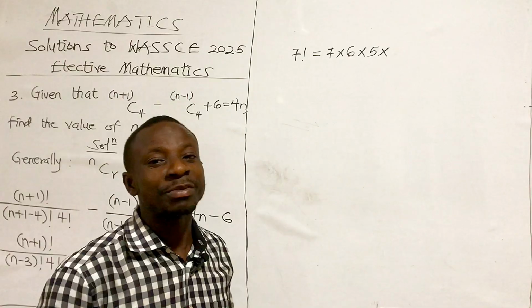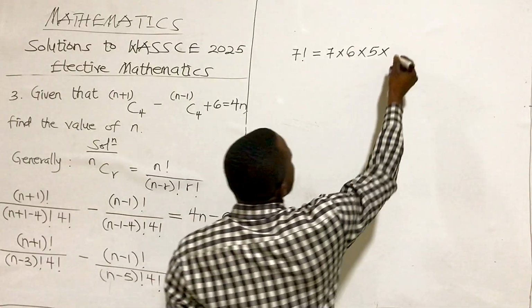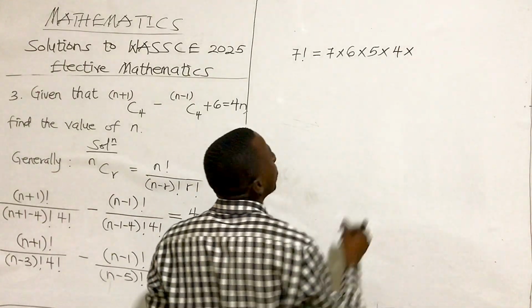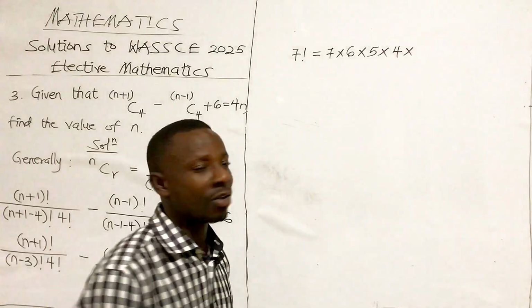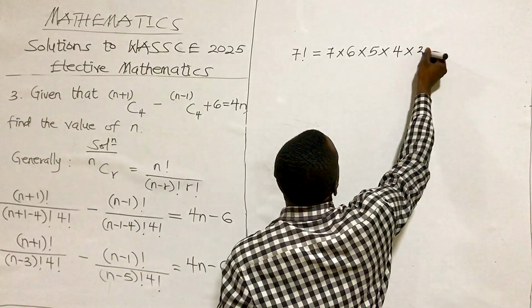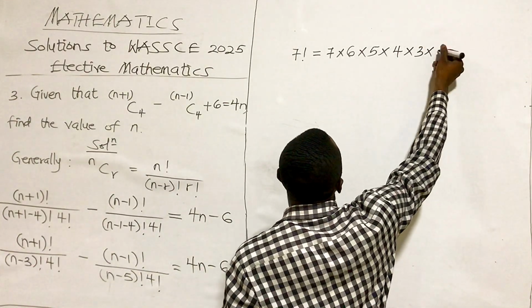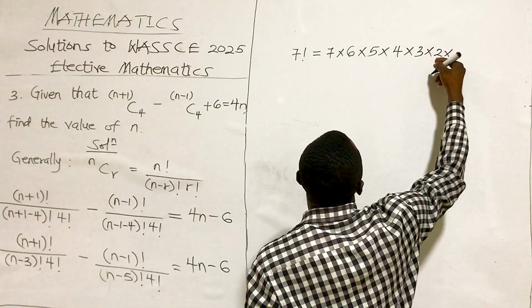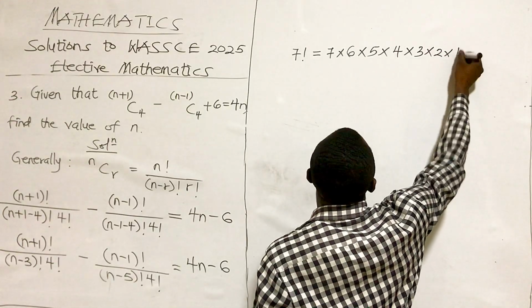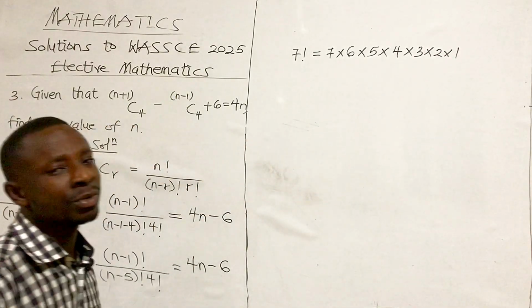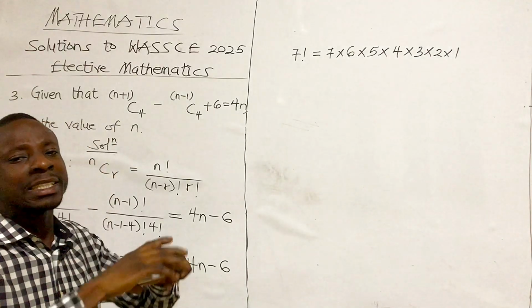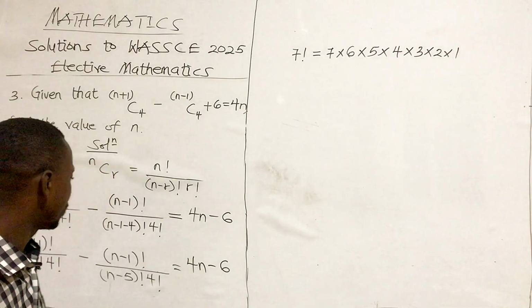Multiplying by the difference 1 of the 5, giving you 4. Multiplying by the difference 1 of the 4, giving you 3. Multiplying by the difference 1 of the 3, we have 2. Difference 1 of the 2, we have 1. And this is how factorial is written.